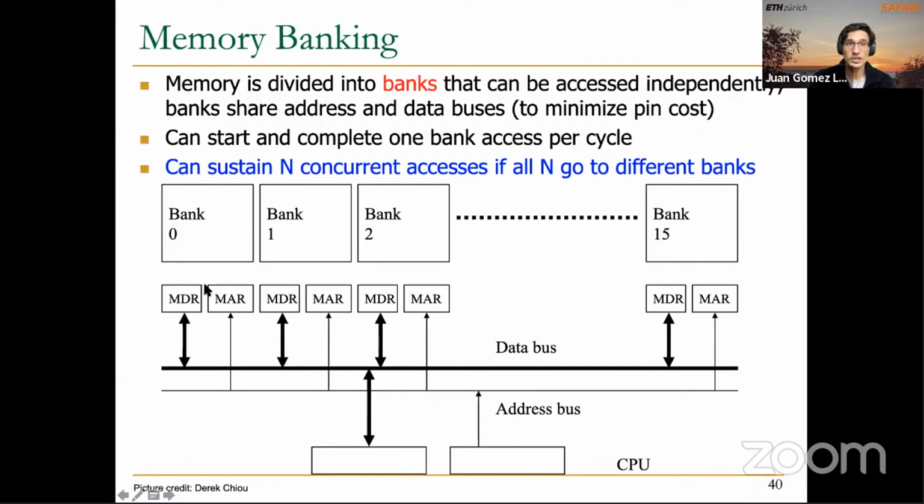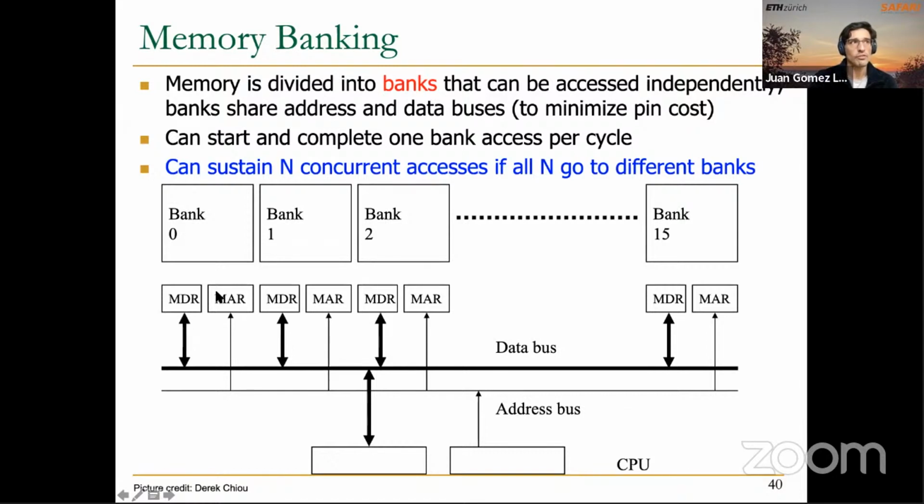In the first cycle, we write here in the MAR the address of element A0 that resides here, and we start the access that takes a certain number of cycles to complete, let's say 11. And after 11 cycles, we will have the value that we wanted to read here in the MDR.